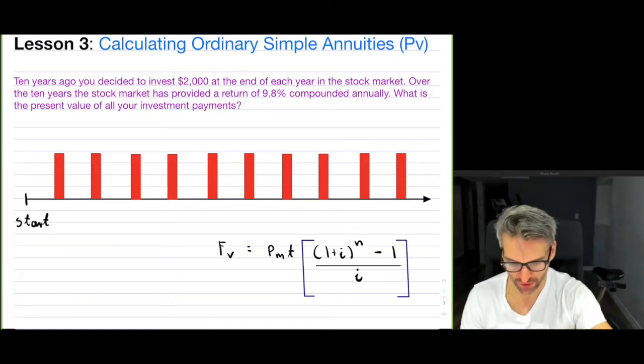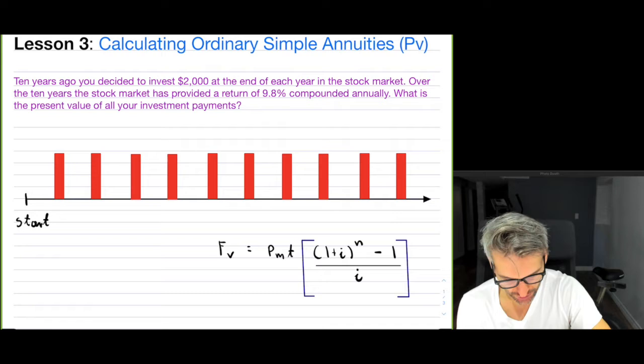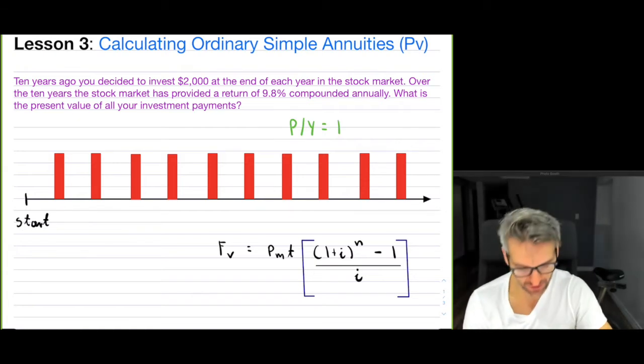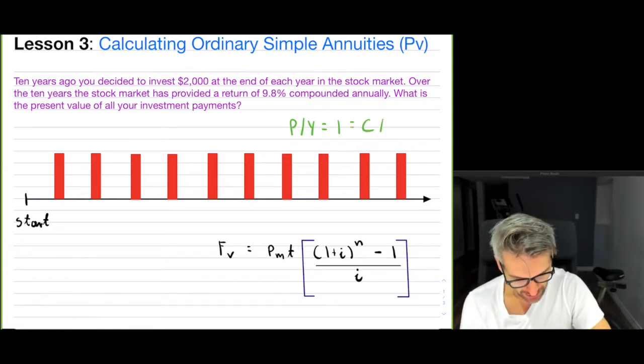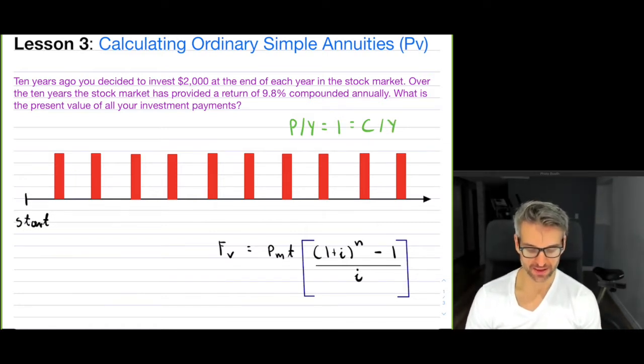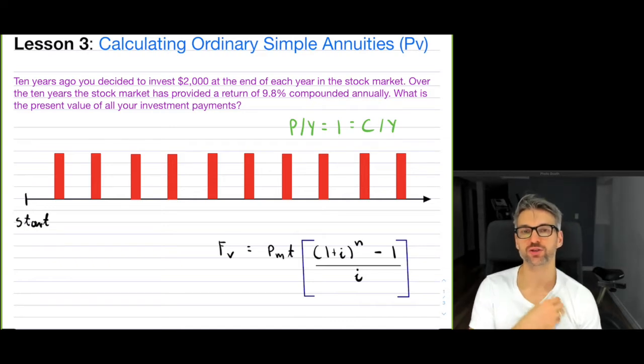The first thing to notice is that your payments per year is equal to 1 because we are doing it at the end of the year, and our compounding per year is also 1. So in this case, this becomes a simple annuity because those two align. Again, ordinary annuity simply means that the payments are at the end of each term, and that's what we have. We have the payments at the end of each year.